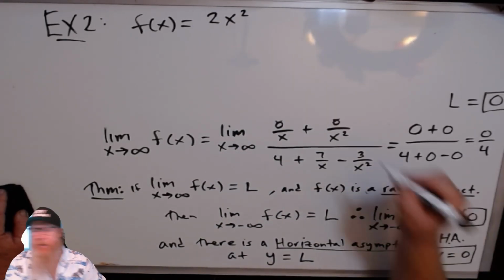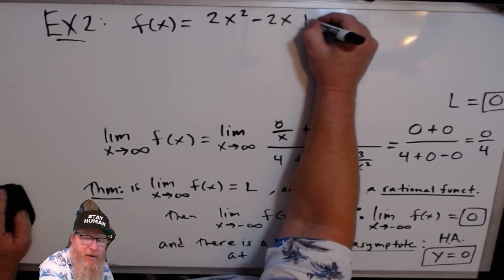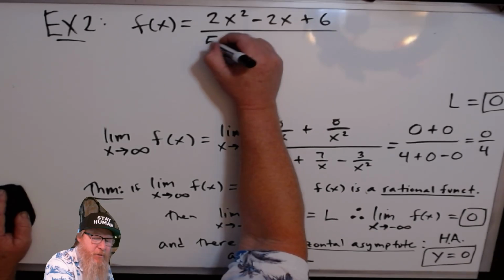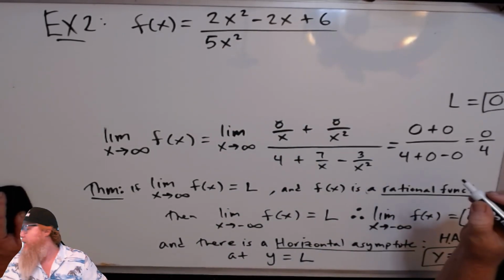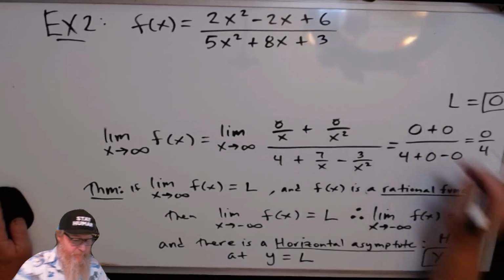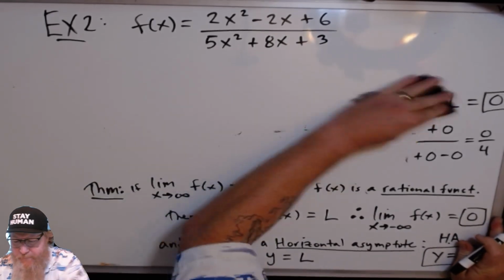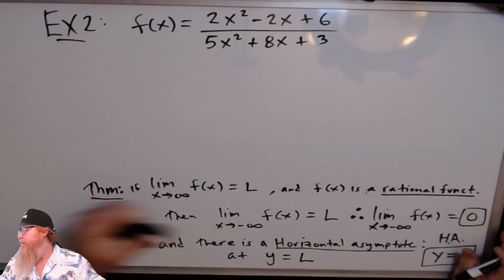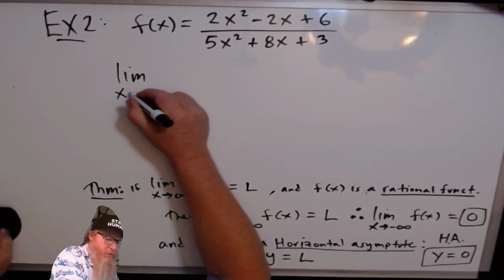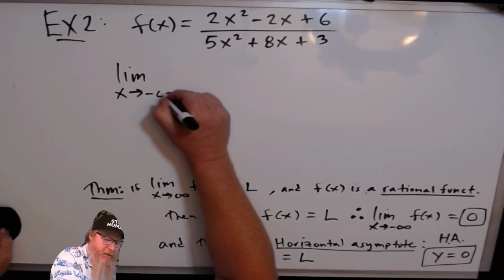So 2x squared minus 2x plus 6 over 5x squared plus 8x plus 3. By the way, you could start with negative infinity if you like.